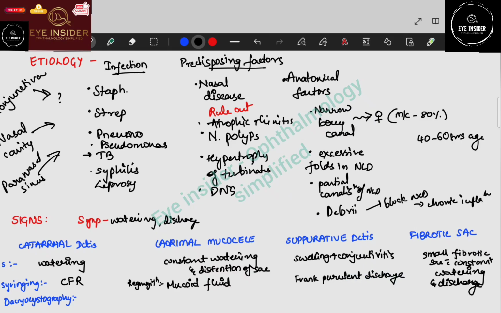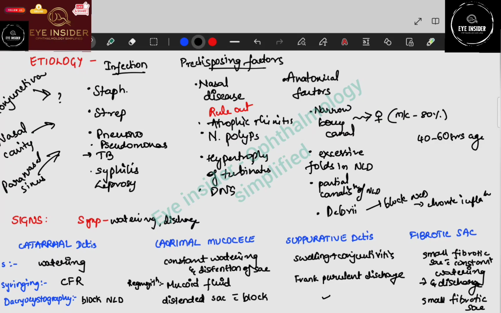On dacryocystography, the catarrhal stage reveals a blocked nasolacrimal duct, and in the mucocele stage also there will be a blocked NLD along with the distended sac. It will be almost similar in the suppurative one, whereas in the fibrotic stage there will be a very small fibrotic sac. So these are the 4 stages and signs of chronic dacryocystitis.